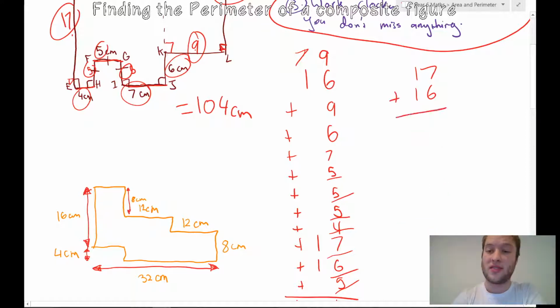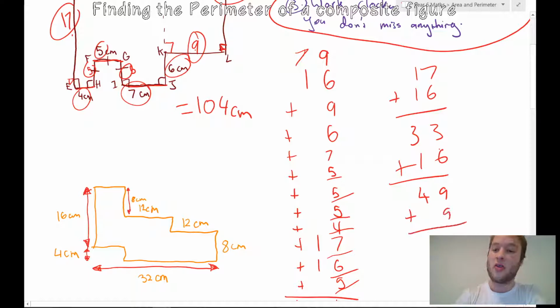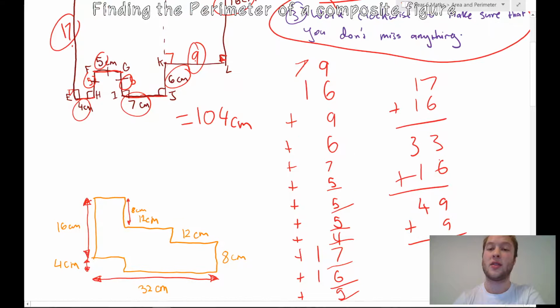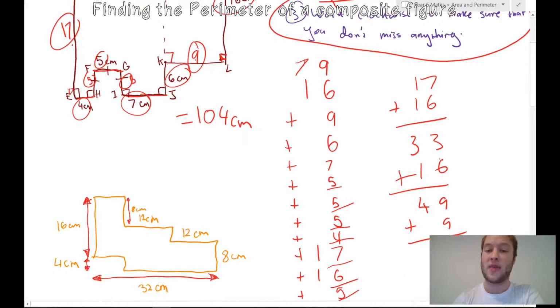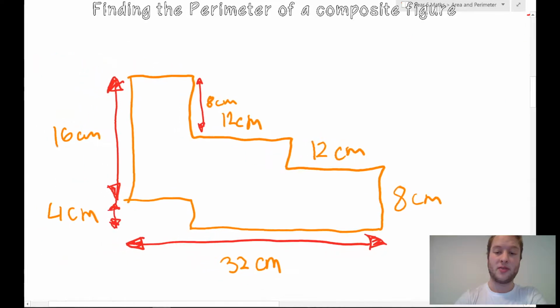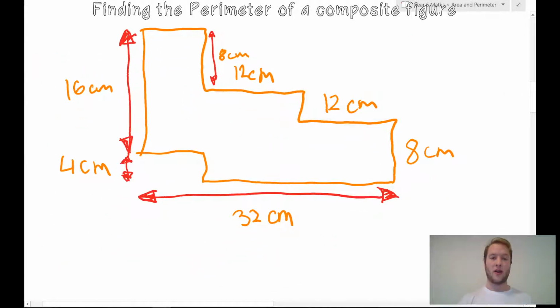So 17 plus 16 is 33, isn't it? And then plus 16, and that would be 49, and then plus 9. So you could just go like that if you feel like that would be less of a chance of making a mistake.